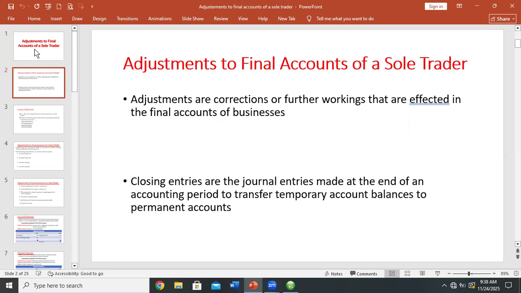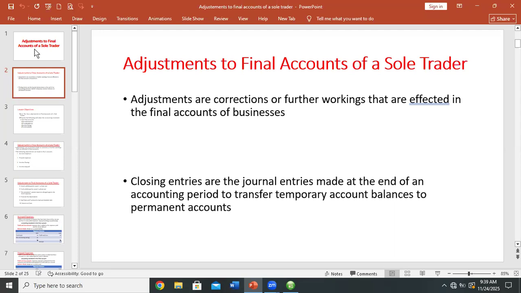So there are corrections you have to do or further workings you have to do. A correction could be that maybe your sales figure is 100,000, but in constructing the trial balance or doing the postings from the day books to the ledger account, you made a mistake, right? So you'd have to correct your sales figure in the final account.